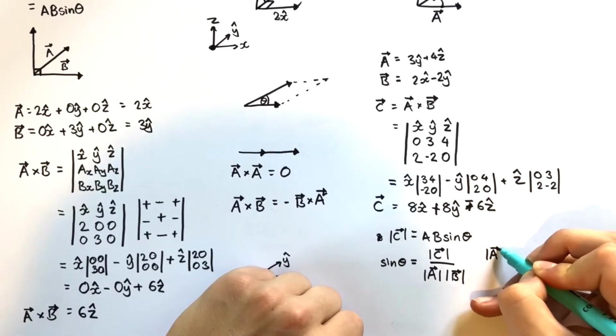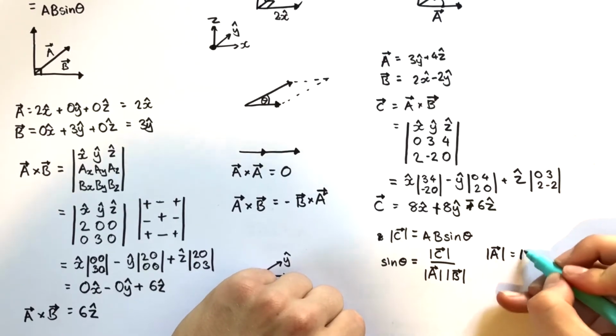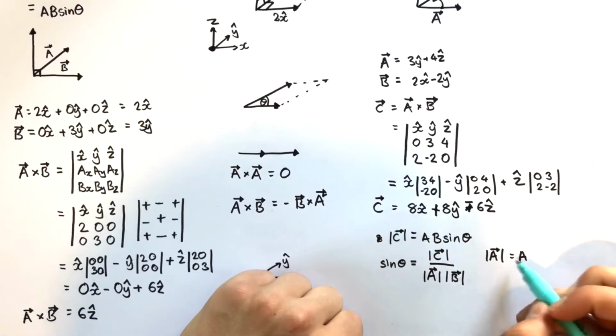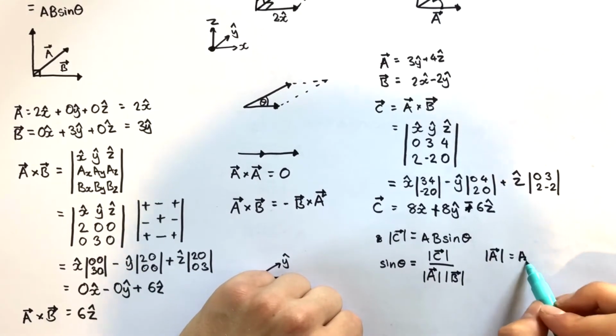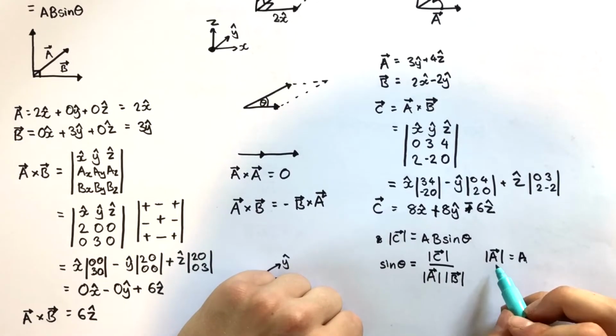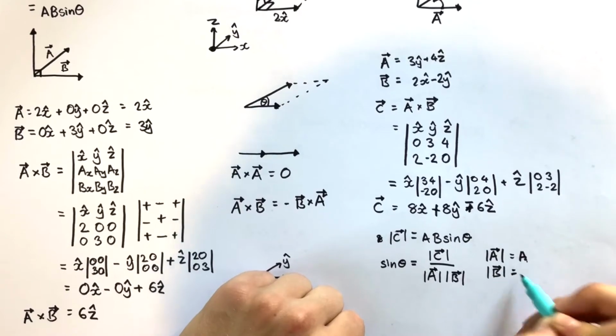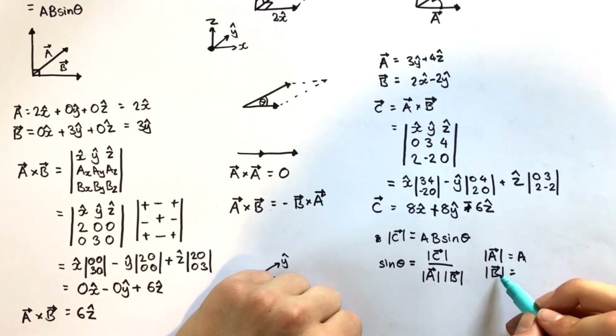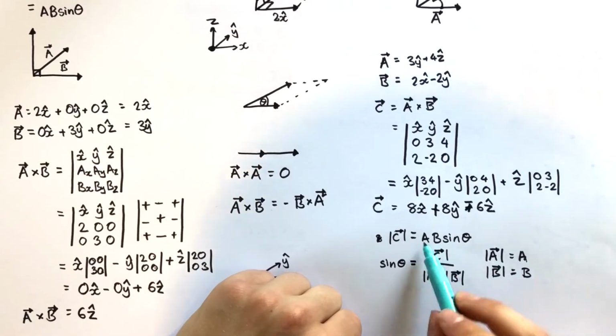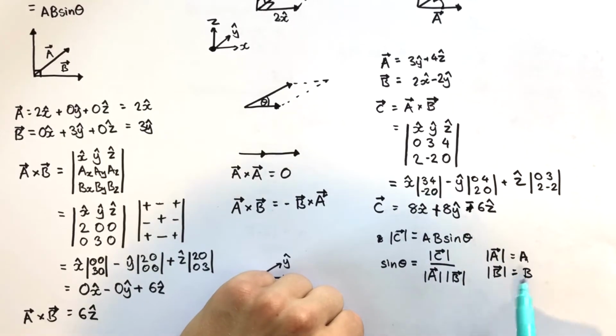I'll make it clearer that the magnitude of the vector A is one and the same as A without any arrow. So this is a scalar. The magnitude of the vector is just a scalar, and for completeness, the magnitude of B is just B. So I've done a bit of a notation change there.